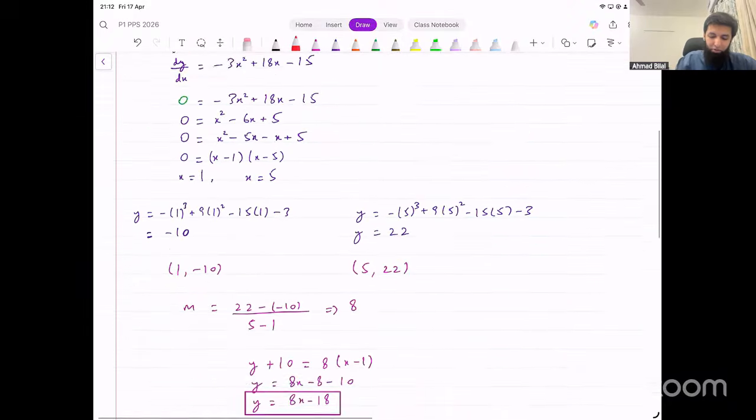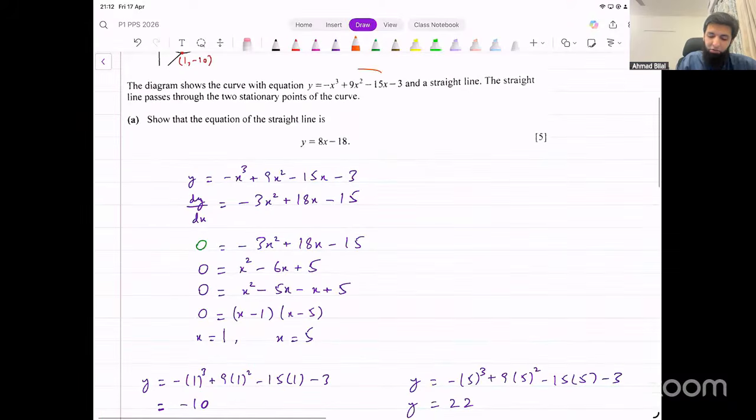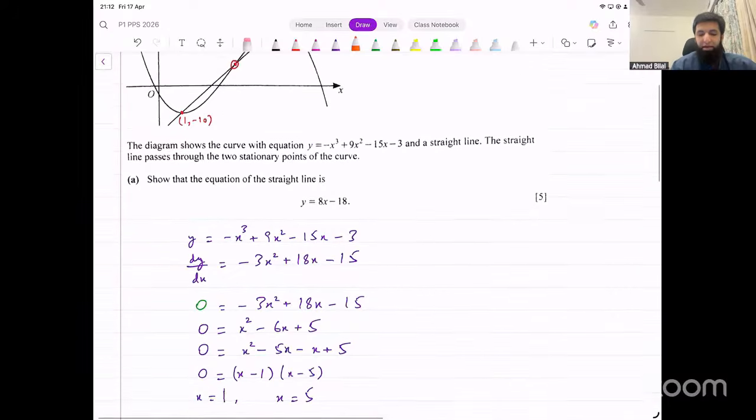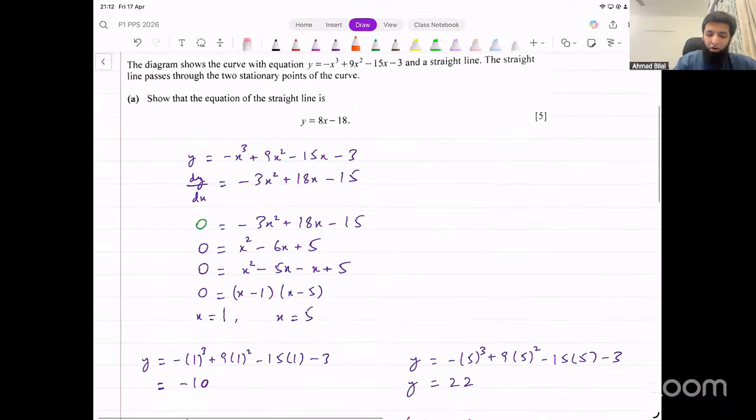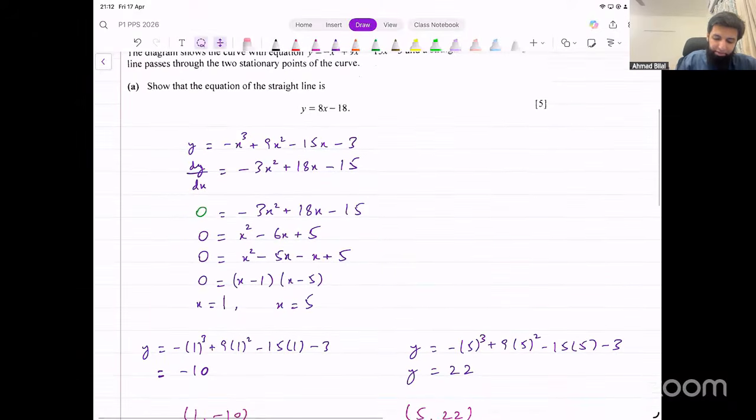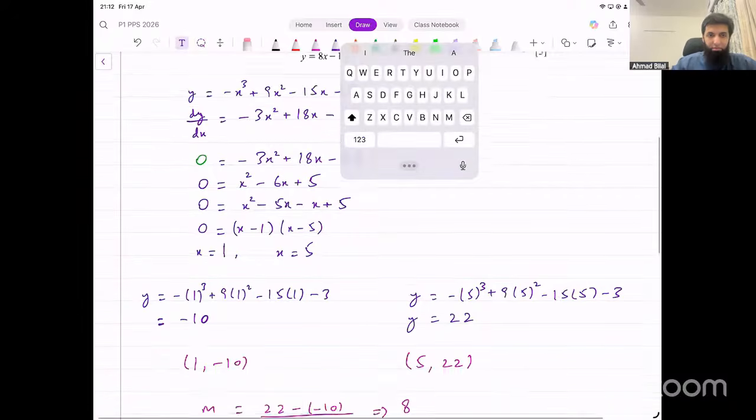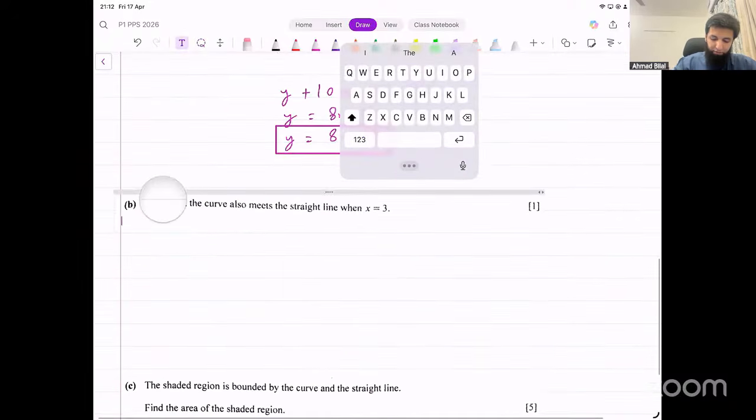You could either input x equal to 3 in both of these equations separately. That is one idea. If they give you the same y value, that means they intersect at that point. Or you could also say, this is the equation of the curve.